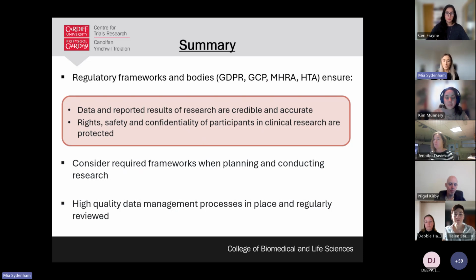So we need to ensure that the relevant regulations and frameworks are being considered when planning and conducting research, particularly for CTIMPs or studies collecting human tissue samples where more legally required regulations apply. And then lastly, high quality data management processes should be implemented and regularly reviewed to uphold these regulations, ultimately protecting both participants and the data.